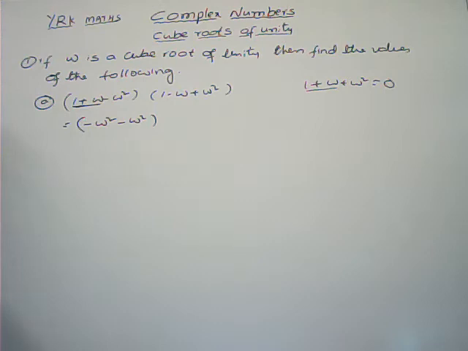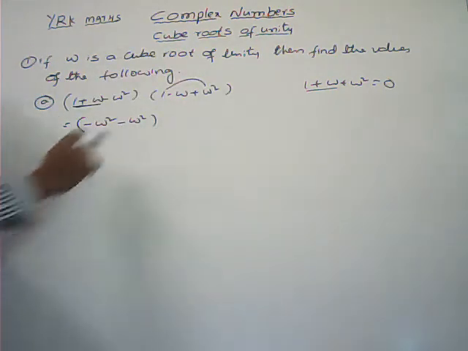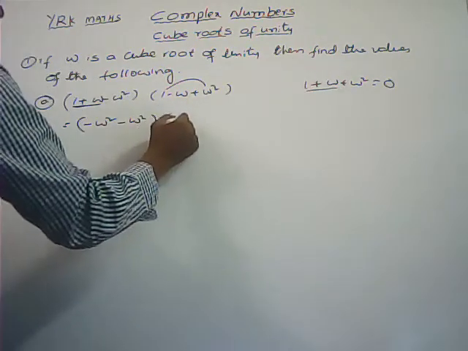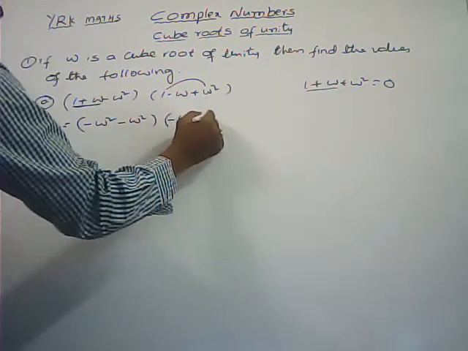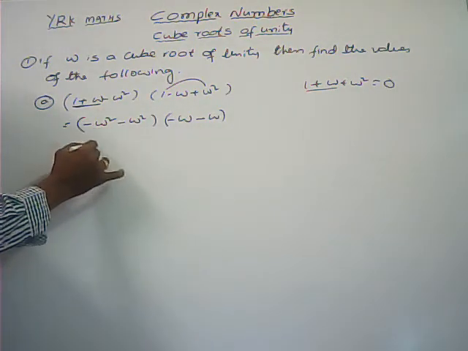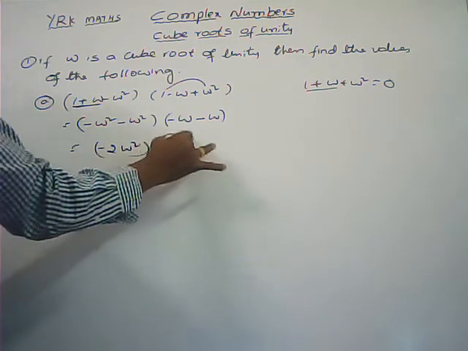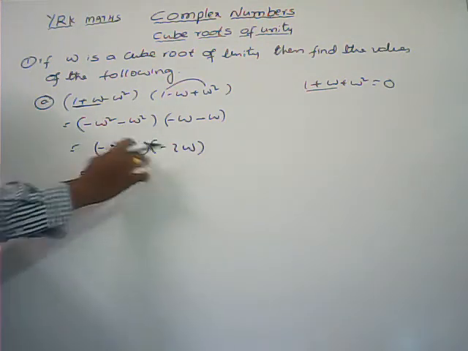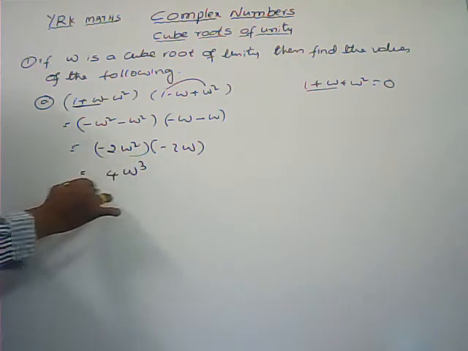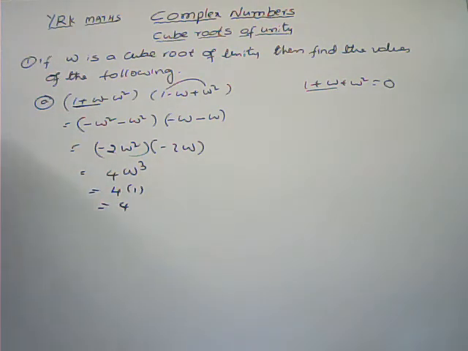And if I write the other two terms side by side, 1 plus omega square is equal to minus omega, and one more minus omega is there. By multiplying these two, we get minus 2 omega square into minus 2 omega. Minus into minus is plus, 2 times 2 is 4, omega square into omega is omega cube. Omega cube is always 1, so that is equal to 4.